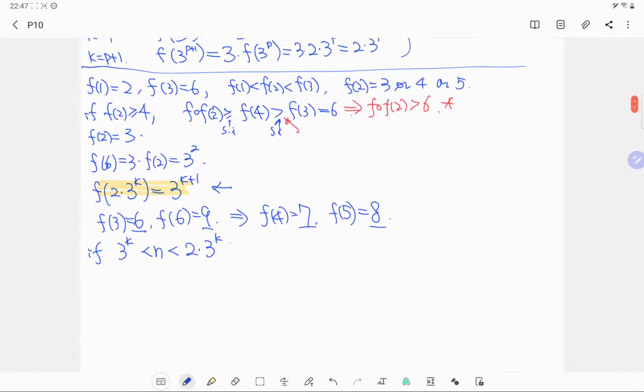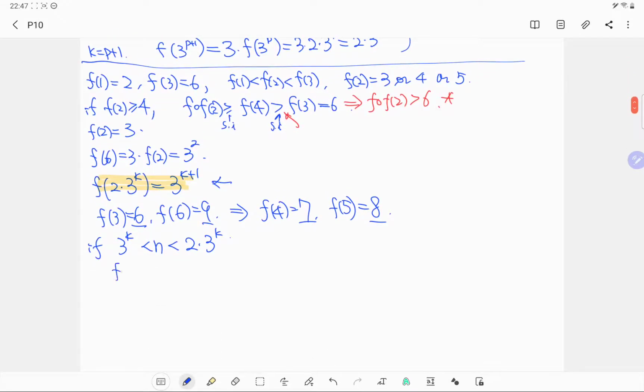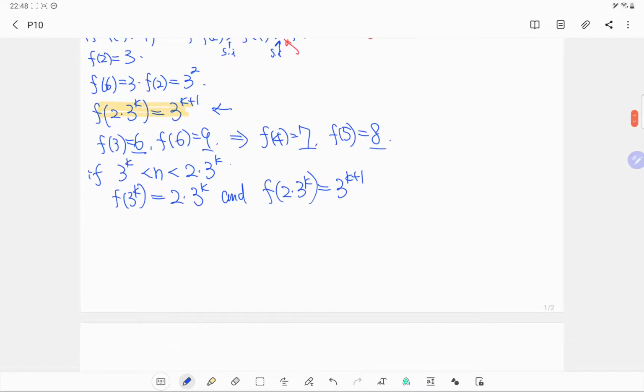We already have f of 3 to the k power should be 2 times 3 to the k power, and f of 2 times 3 to the k power should be 3 to the k plus 1 power.